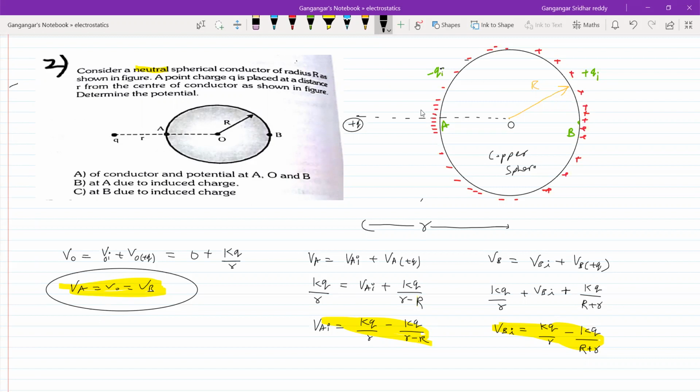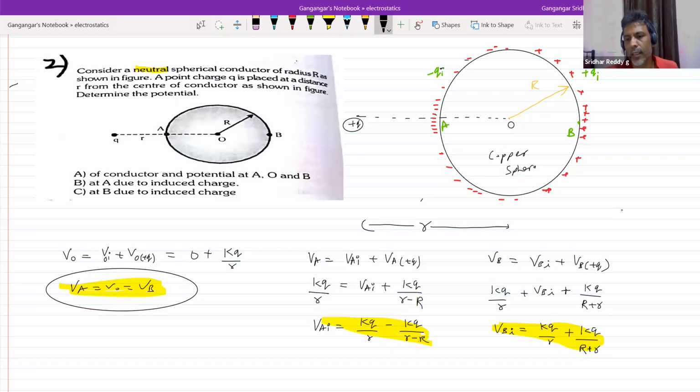It should be equal to sign. Should this be plus sign? I don't think so. Equation VB equal to, no, sir. VB is... oh, here, equal to sign. Okay, fine, yeah. Oh, yes. Okay, fine.